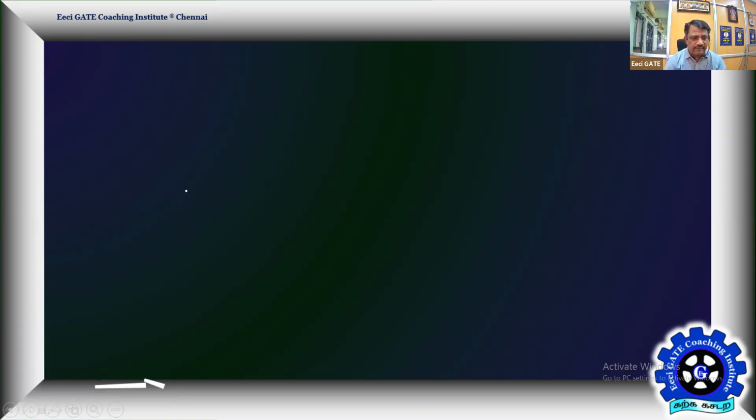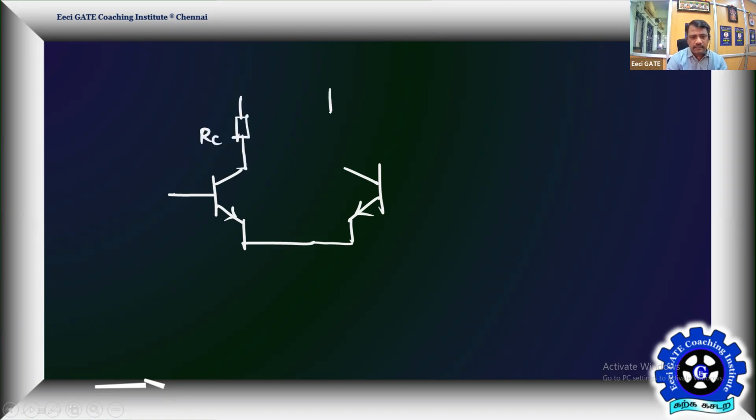The difference amplifier will have two matched or identical transistors, both emitters connected together, and the two collectors connected to the collector resistances.